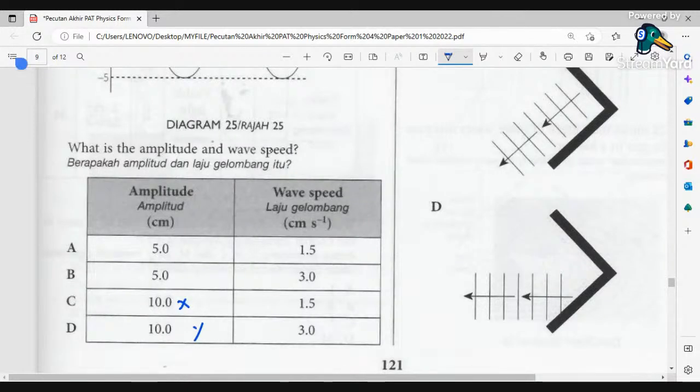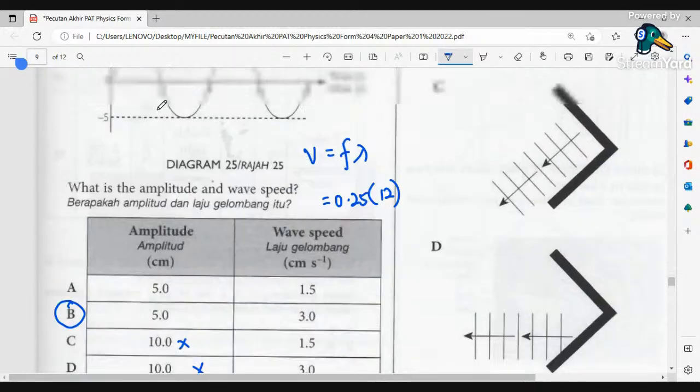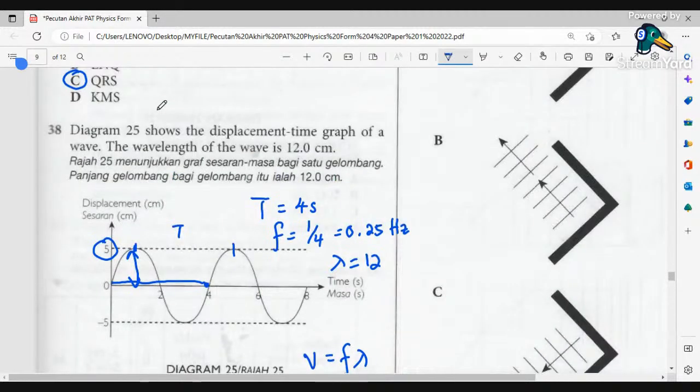Okay, V equals F lambda. Frequency 0.25 tadi, lambda ialah 12. Okay, so your answer will be 12 divided by 4, 3. Jawapan ialah, boleh ya.